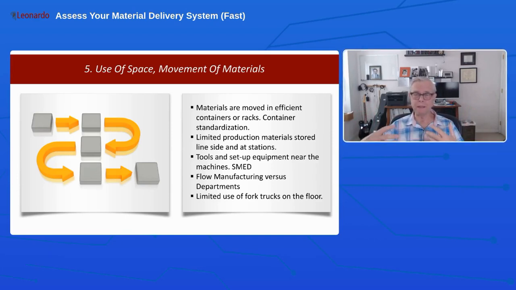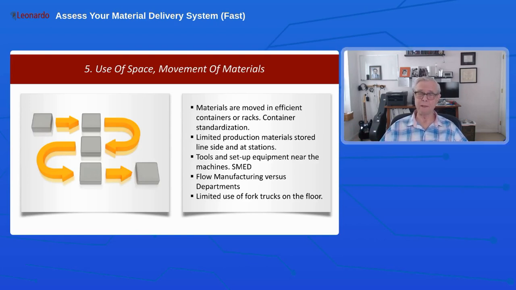Also, we're trying to limit the amount of material that's stored at the workstations to only a few hours of usage, depending on your factory. So we don't have a lot of material that's stocked at the workstations. We want to avoid that. And so what we're required to do to support that environment is frequent deliveries with a higher variety of parts than maybe in other kinds of situations. So this is what we want to look for.